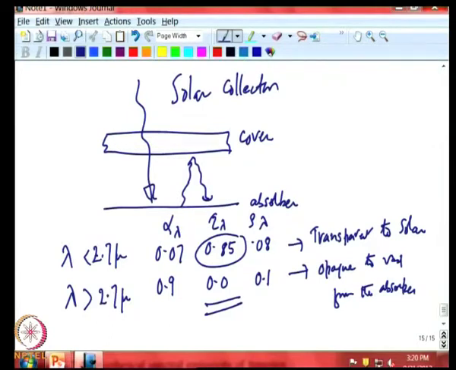This is the advantage of non-gray surfaces which have very different properties: for example, absorptivity is 0.07 below 2.7 micron and is 0.9 above 2.7, and the transmittivity is essentially opposite. This is what is used in solar collectors to trap the solar radiation within the collector and hence increase temperature.